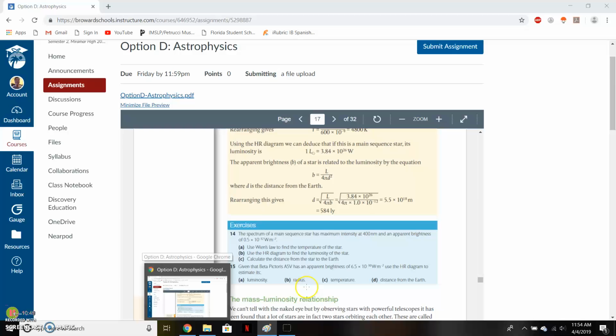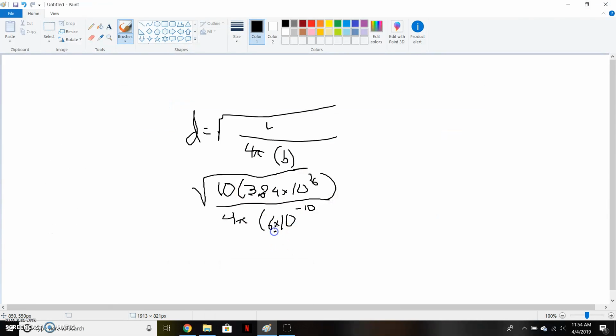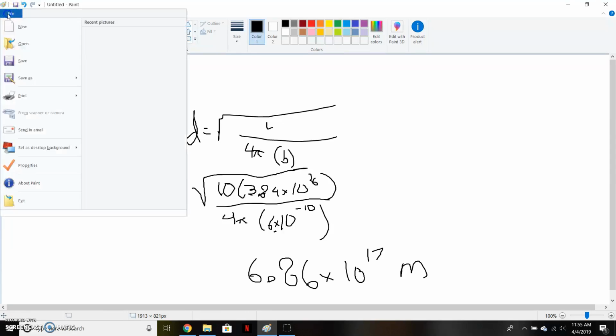I don't have space, so 6.5 here, and then it'll equate out. Let me see my notes. 6.86 times 10 to the 17 meters, and this is the distance from, not the sun, distance from the Earth.